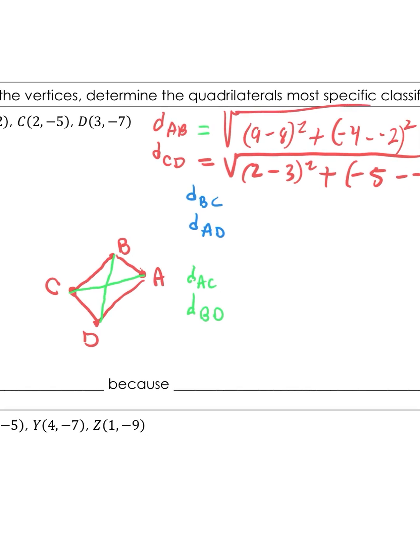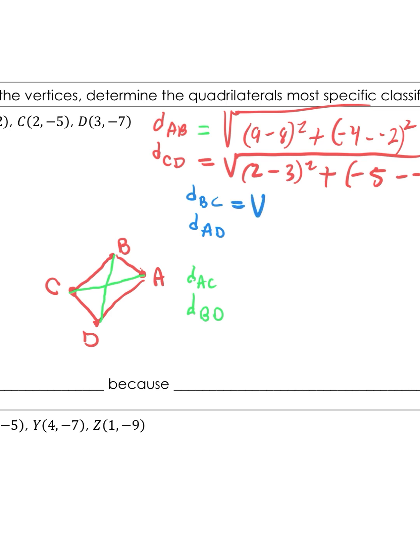Negative 1 squared is 1, and then this is negative 5 plus 7, so that's 2. 2 squared is 4. So this is the square root of 5, just like you would expect if it was a parallelogram. Opposite sides are equal.